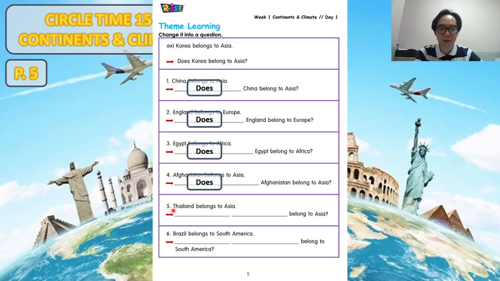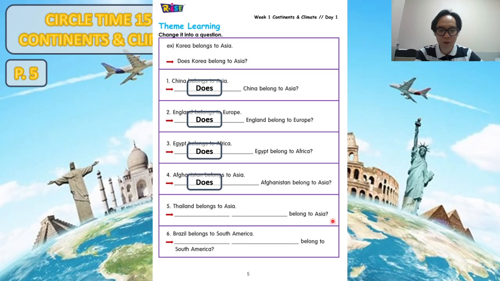Now, here we go. Number 5. Here's another funny word. It says Thailand. Nope. In this case, TH just makes a t sound. So it's tai land. Thailand. Thailand belongs to Asia. So our question asks, blank blank belong to Asia?